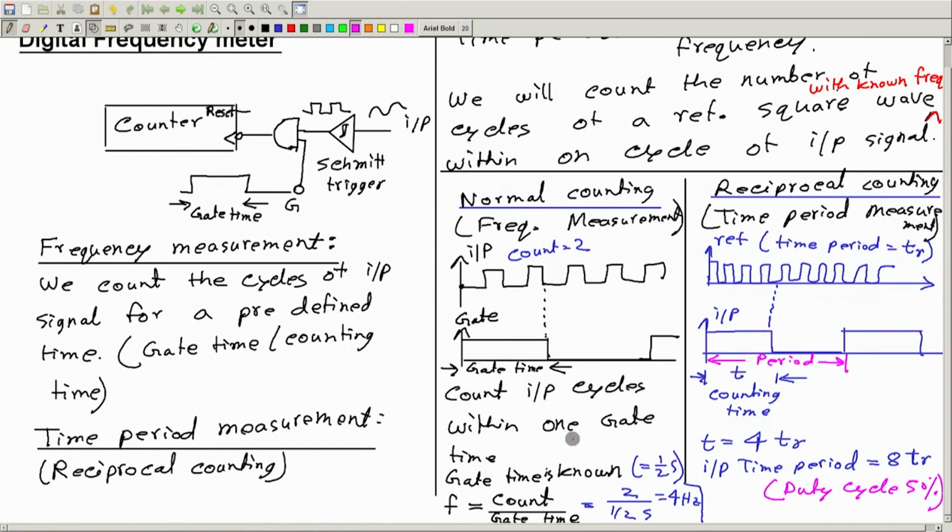And you may ask, what if the input signal is not of 50% duty cycle? This is a small interesting question.